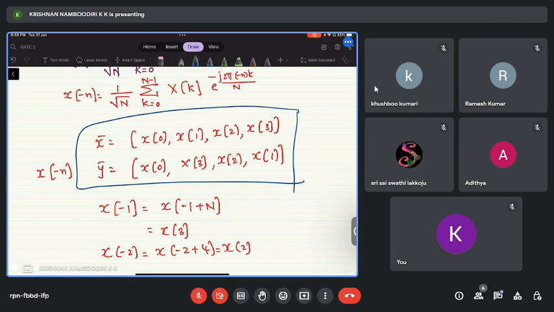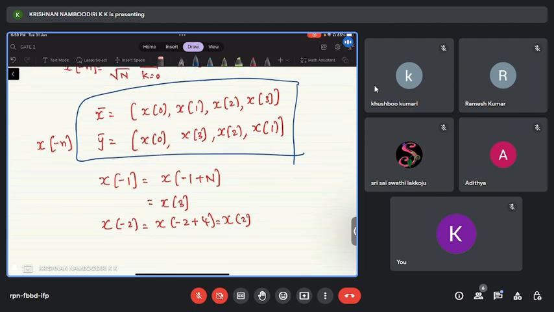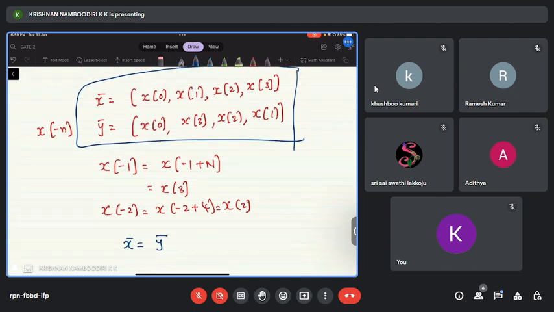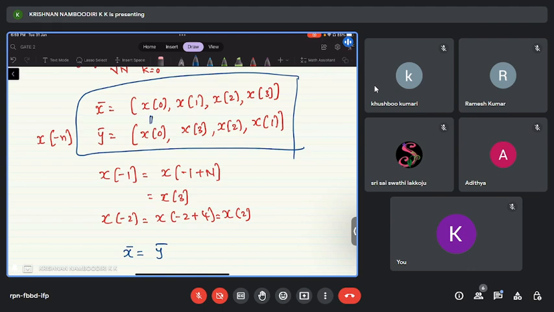Any questions? Is it clear or not? Yeah, it is clear. Now, in the question, it is told that DFT of x should be equal to x. In other words, in this case, vector x should be equal to vector y. For that, x0 will anyway be equal to x0, x1 should equal x3, and x3 should equal x1.